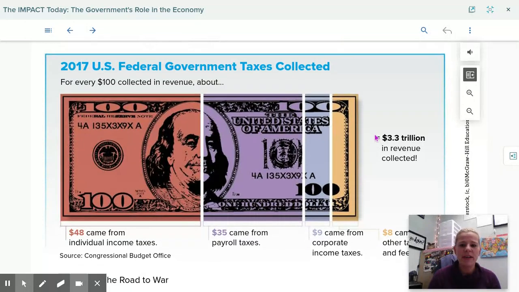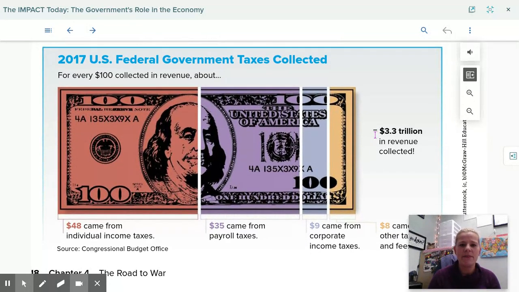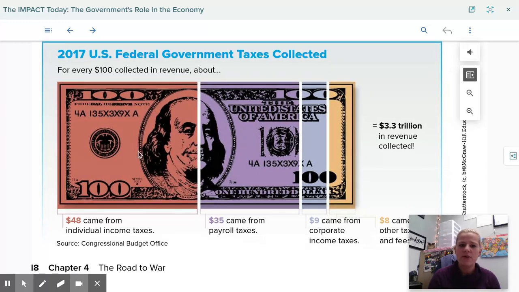So if we look here, this is an example of the amount of taxes collected in 2017. So this says 2017 U.S. federal government tax collected. So for every $100 collected in revenue, about $48 came from individual income taxes.